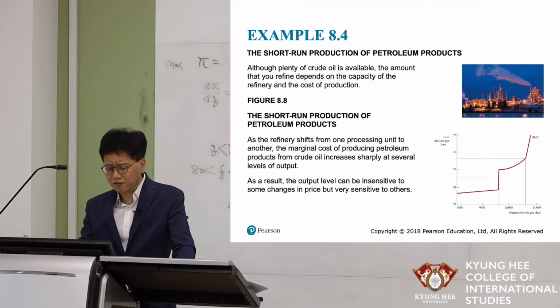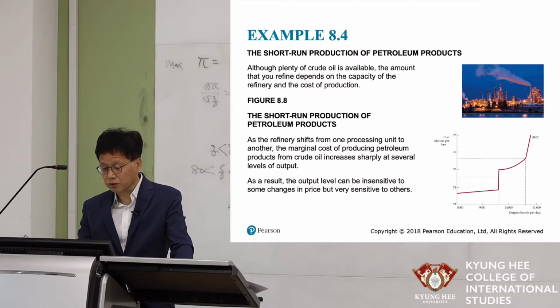As a refinery shifts from one processing unit to another, the marginal cost of producing petroleum products from crude oil increases sharply at several levels of output. In this figure 8.8, it looks like this. As a result, the output level can be insensitive to some changes.